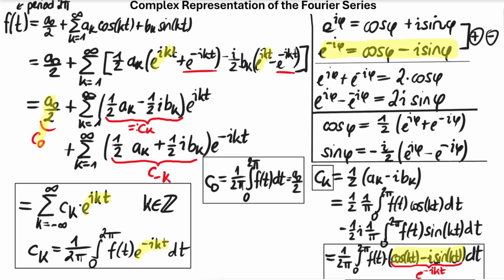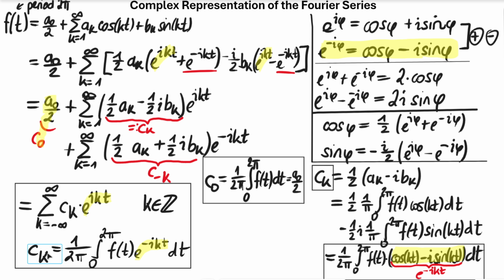So, to sum up, the complex form of the Fourier series, as you can see here, uses the complex exponential function along with the coefficient c_k. These coefficients indicate the importance of each frequency omega equal k, the c_k's here.